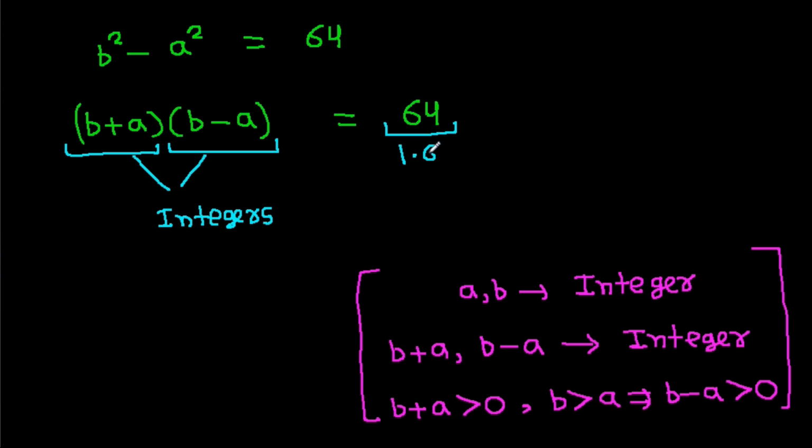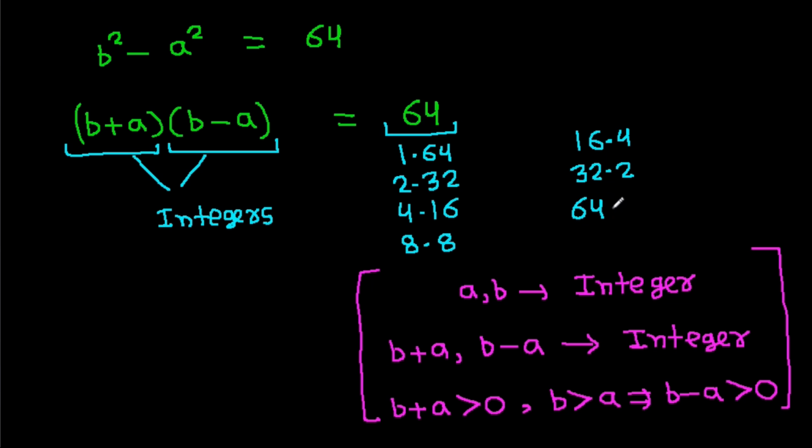It is 1 times 64, 2 times 32, 4 times 16, 8 times 8, and 16 times 4, 32 times 2, and 64 times 1.